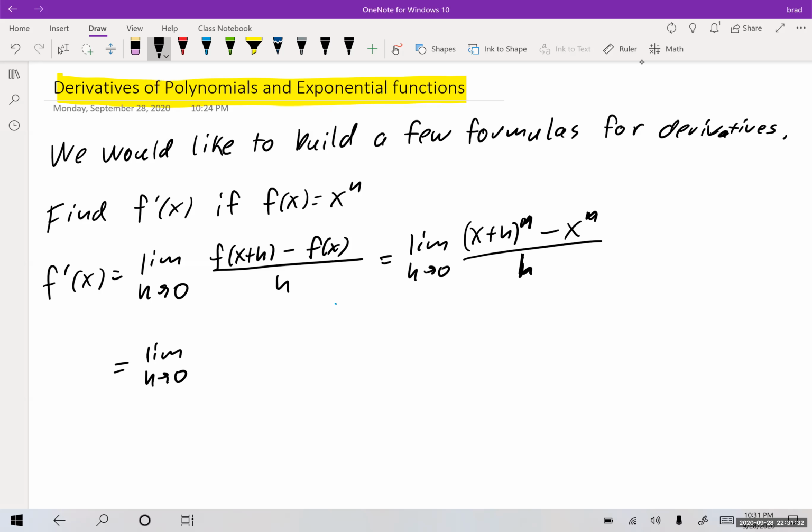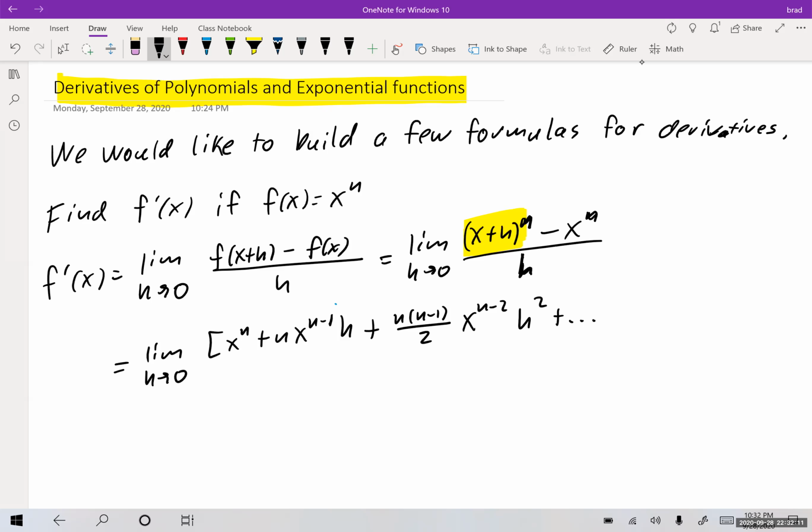We're going to expand this, and this will become x to the n plus n times x to the n minus 1 times h. Basically we reduce the powers and then take the combinations for our coefficients. Then plus n times n minus 1 all over 2 x to the n minus 2 h squared plus so on and so on.